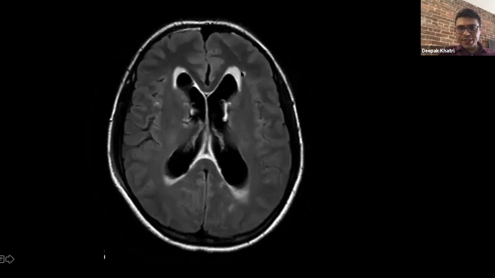You can appreciate the transependymal egress more in this FLAIR image, which shows it in a much better way. And these are the two lateral ventricles, with the choroid plexus and the septum pellucidum in between.